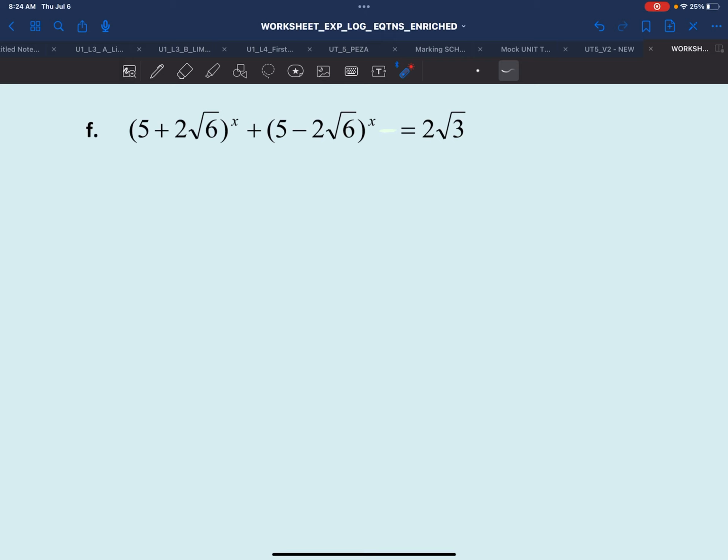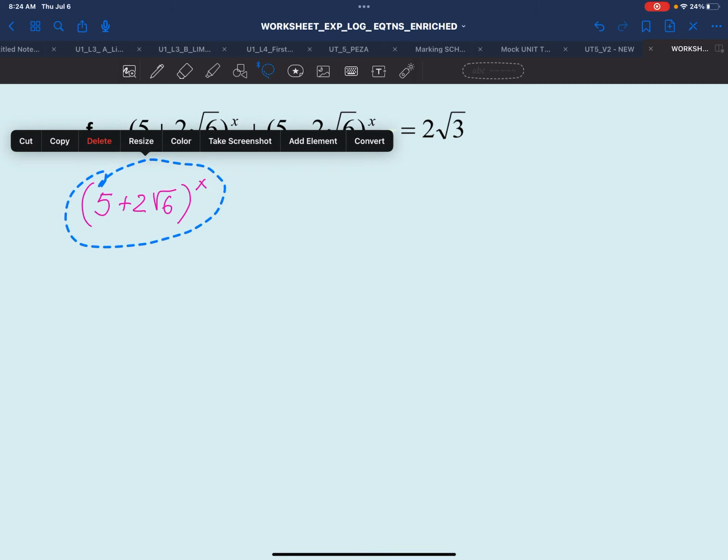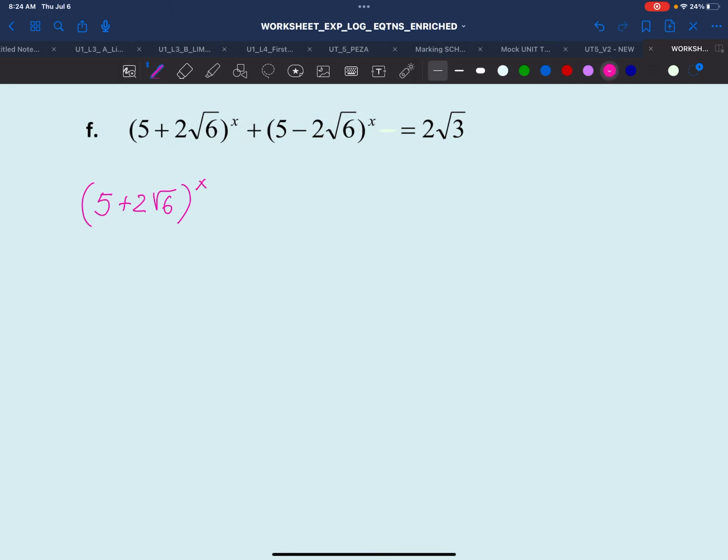So I thought, what if I multiplied every term in this equation by this very first term? Let's see what happens. I'm going to make that very first term pink: (5 + 2√6)^x. And I will allow this term to multiply every term in this equation. I'm going to copy it so it's faster for you while watching.